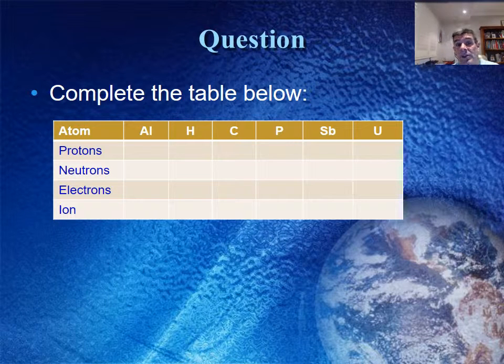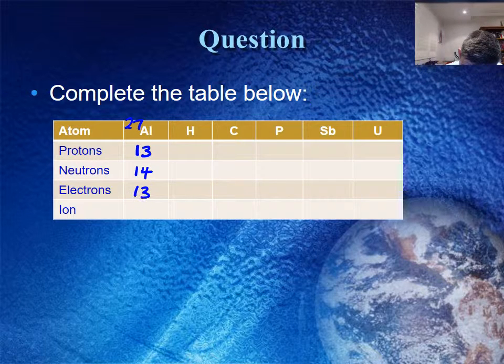So, here's a question. Can you complete the table below looking at each of the different elements? Let me start this one off for you, and then you can finish these. Aluminium is element number 13, so that means it has 13 protons. If one of the isotopes of aluminium is aluminium 27, then that means it has 27 minus 13, which is 14 neutrons.